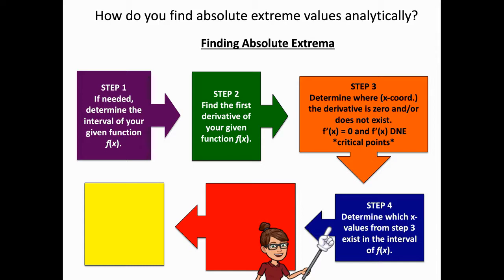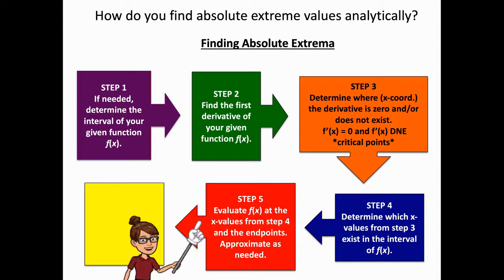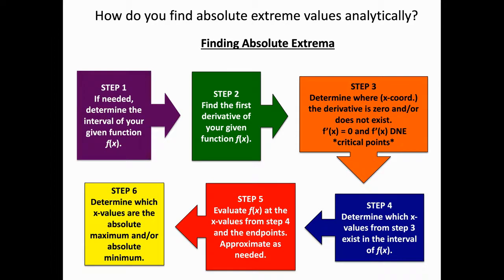And that's perfect, because then you just exclude it. Less to test. Step 5, once you've figured out all your values, you're going to make a table and evaluate them, including the endpoints. So important. Don't forget the endpoints. Lastly, you're going to look at your table of values and you'll be able to quickly determine what is your absolute maximum or what is your absolute minimum.